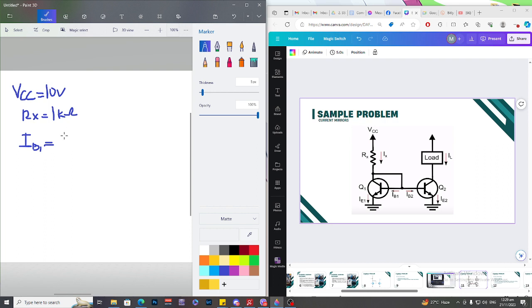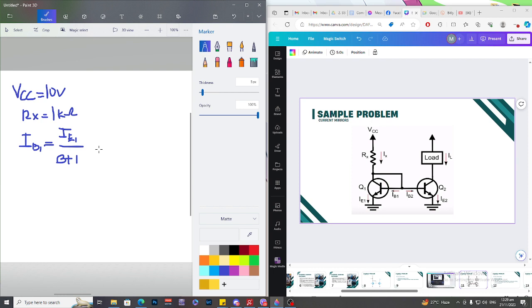So the formula for the IB is IE. Since we use the IB1, we're going to use the IE1 as well so that we have uniform values. So IE1 is all over beta plus 1. We know this formula from the derivation from the IB, IC, and IE.